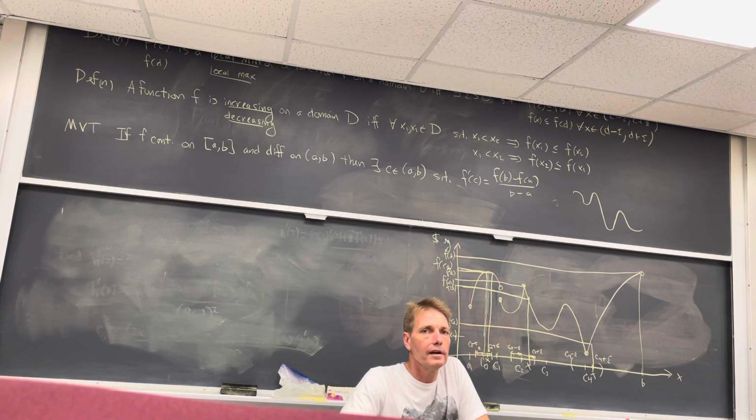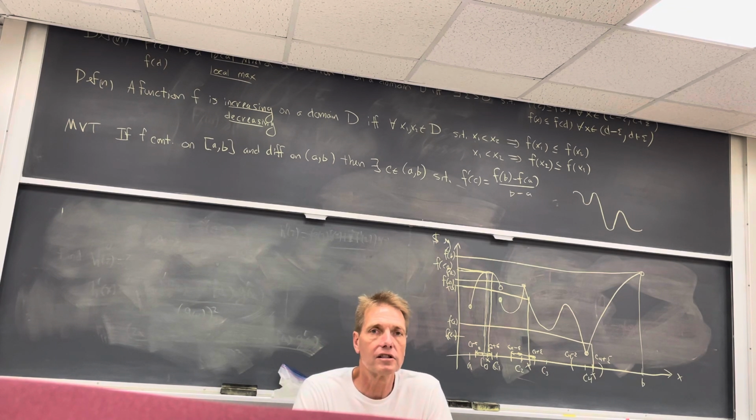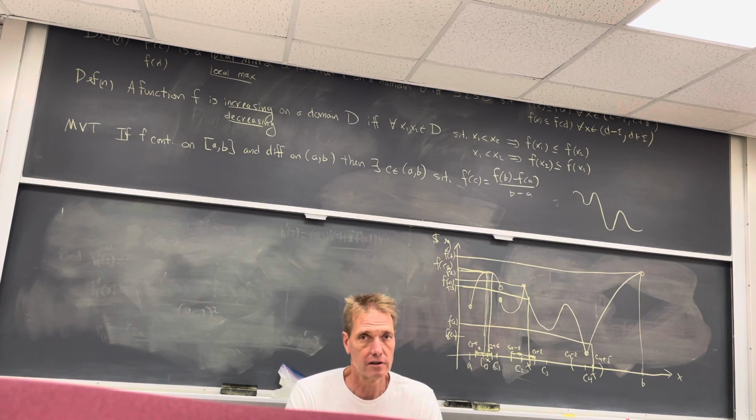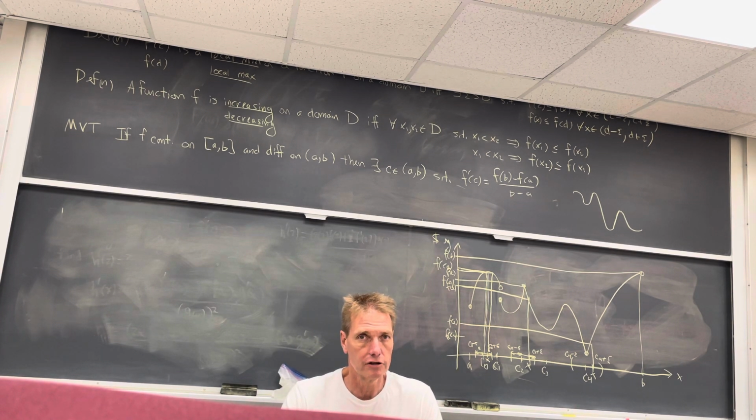But if I'm looking at this graph, a global max, a local max or local min, must occur at a place either where the derivative is 0 or the derivative does not exist. And again, I'm not proving that today. I'll justify that on Wednesday. But I'm just pointing out where we're heading.